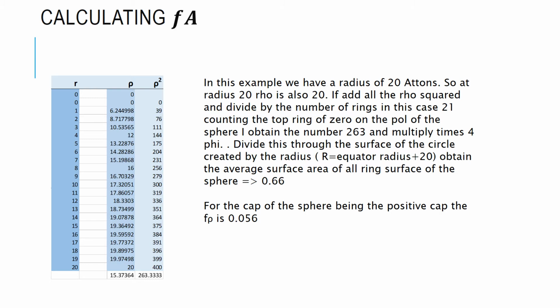I then created the area underneath each ring from the equator up to the pole, and then I calculated the average area underneath that cap of the sphere. So from the equator, which is the full half of the sphere, all the way up to the poles, that factor turns out to be 0.66.